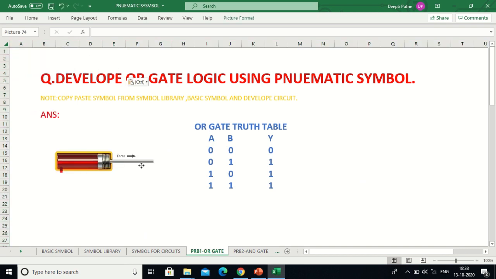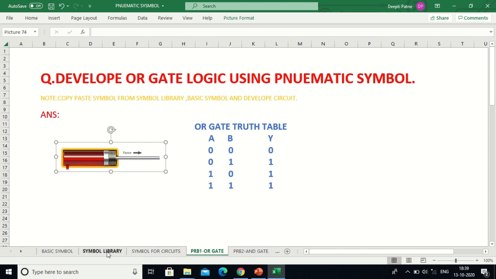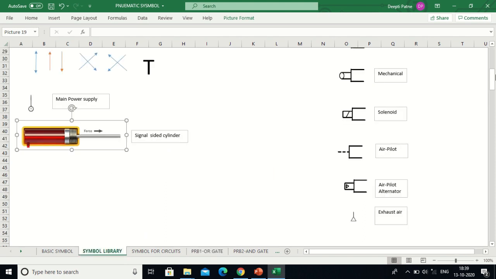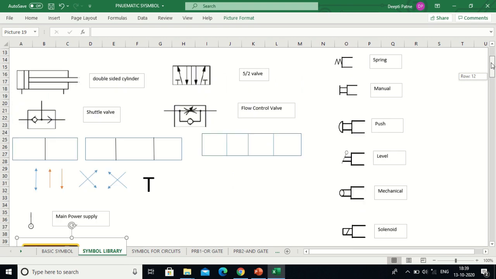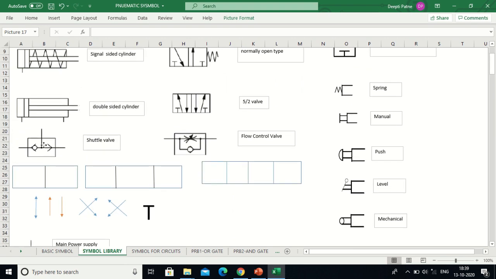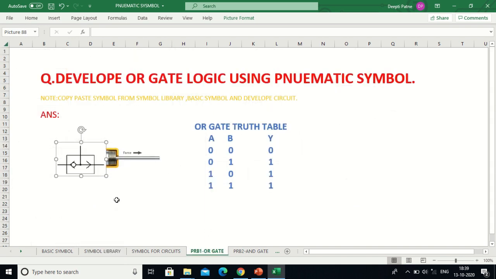So the symbol will be there. Now if I want to connect any other component along with it, for example a shuttle valve, I will press Control C, go back to the problem, press Control V, and it is coming. Now I am going to connect these two.